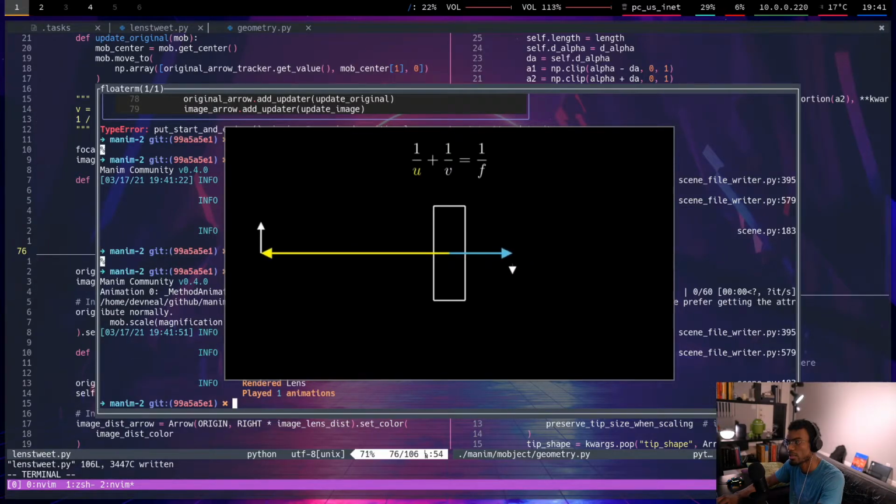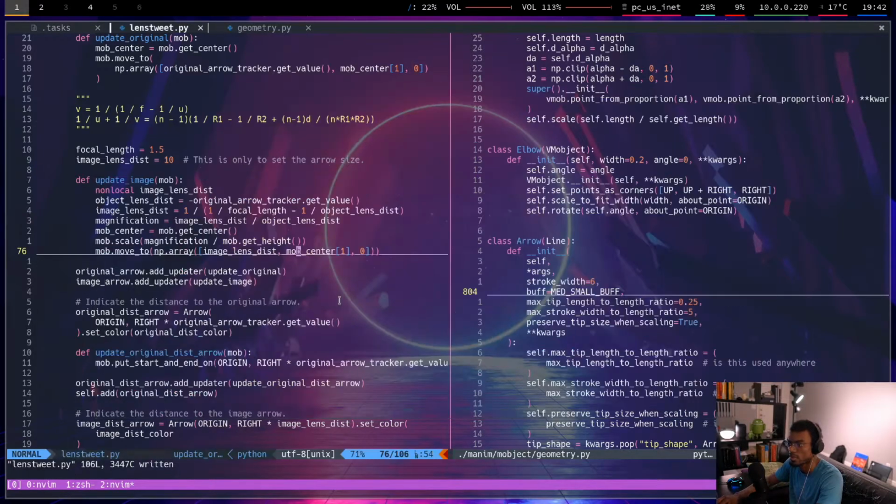Why is the arrow tip? Okay, that arrow tip is just making me angry. No. Scale it, move it. Okay. I think I want to move to.